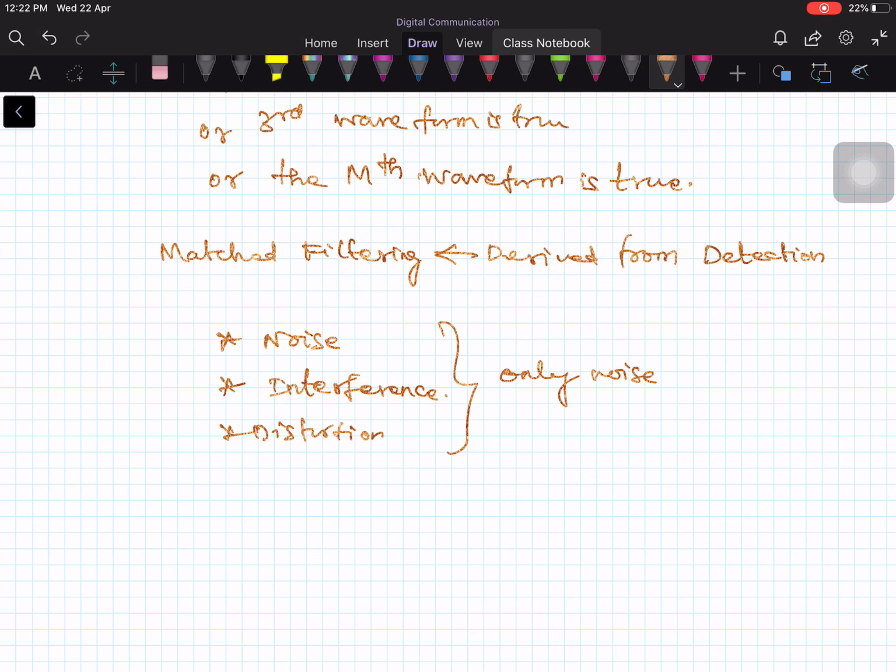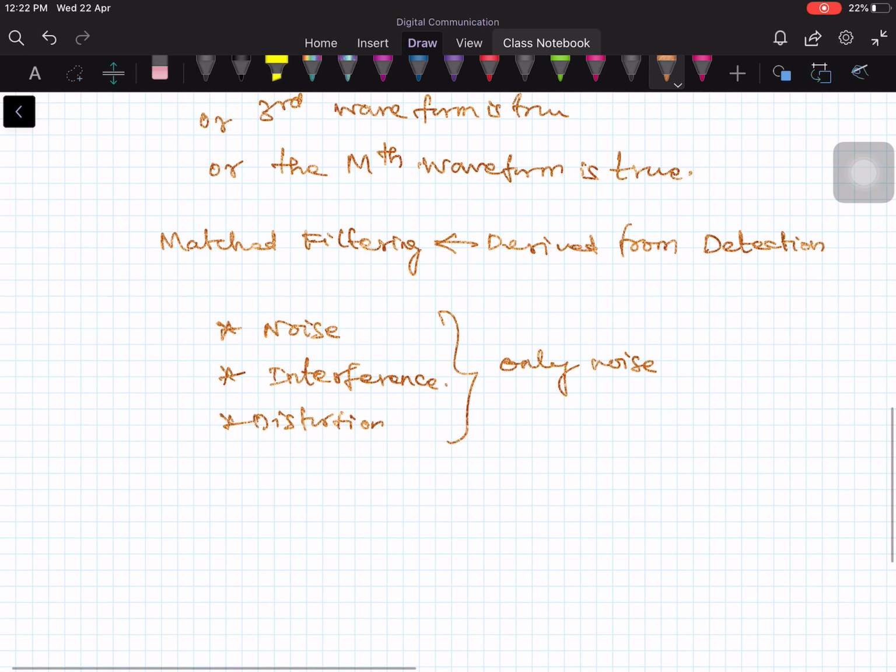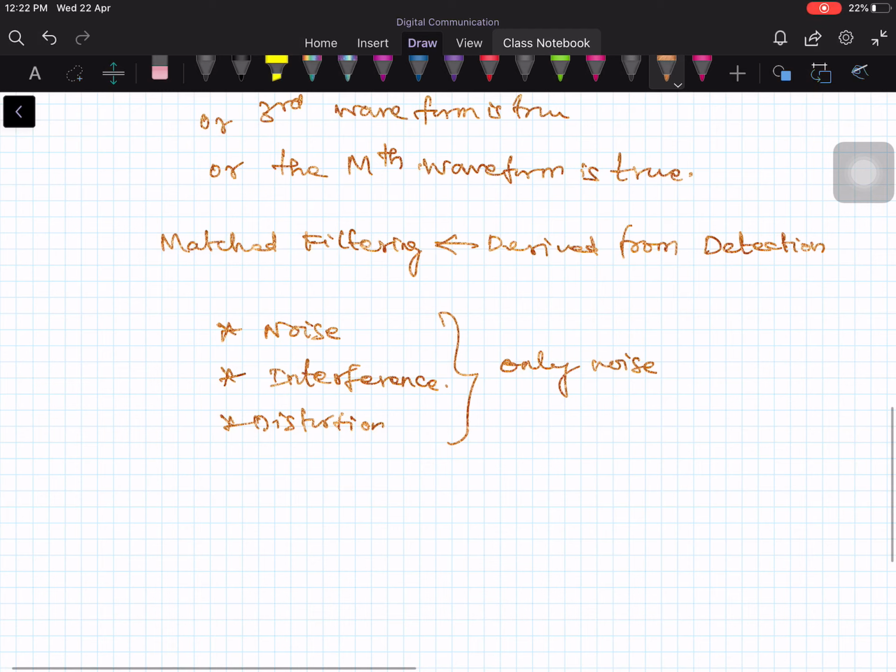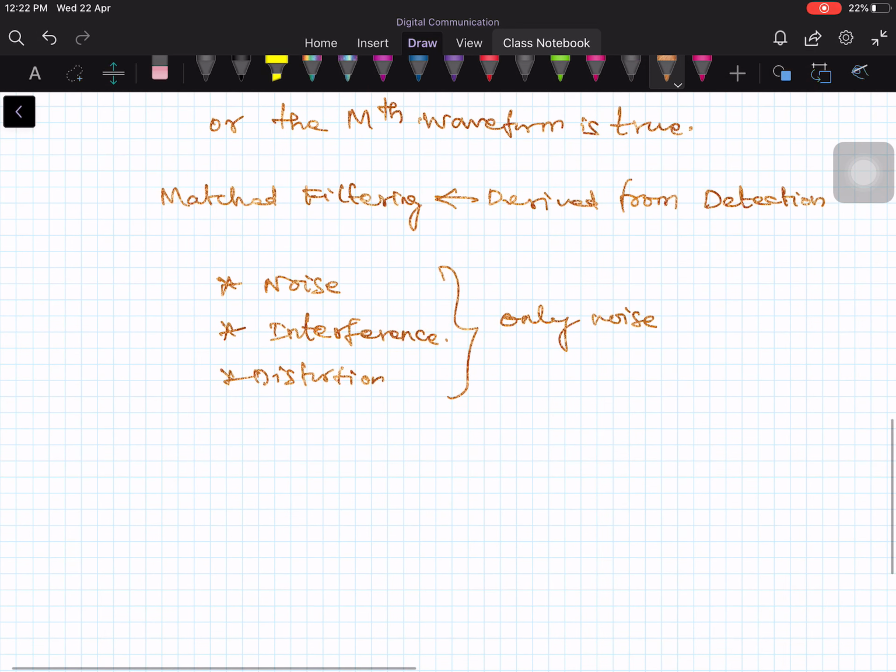One could pose the problem of optimum demodulation in the presence of noise, distortion and interference all together, but obviously this problem becomes more complex to study, at least at this stage. Therefore, to make our life simple and to study easily, we are going to consider only noise. So noise alone will be considered in this course.